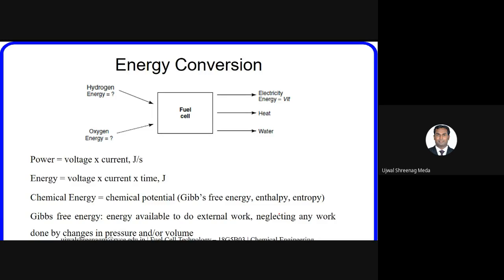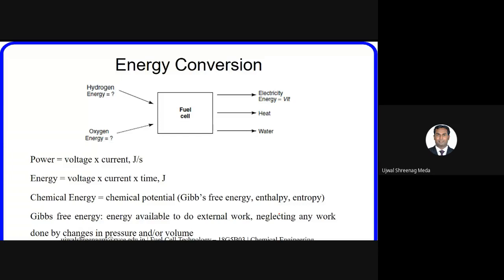So what are we talking about? We are talking about chemical energy or chemical potential of a substance, which can be compared with or defined as enthalpy, the energy content of a system, and it consists of two parts: usable part, non-usable part.